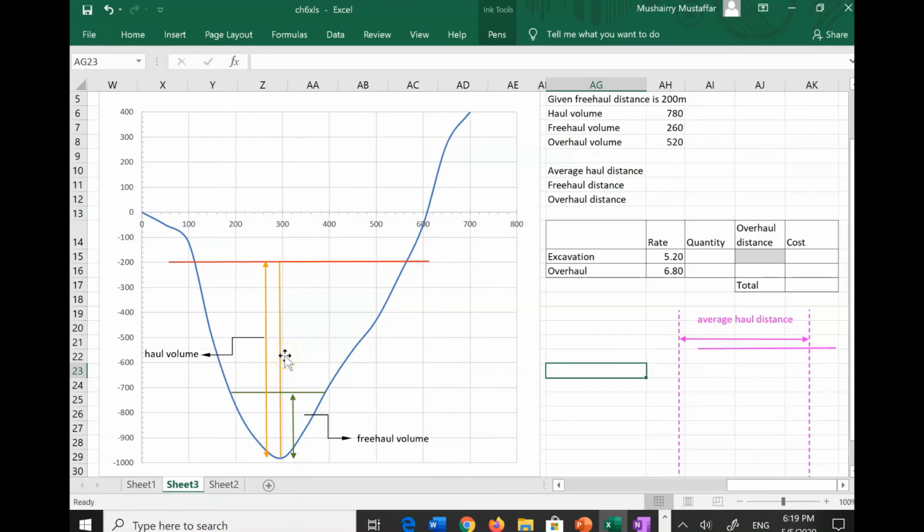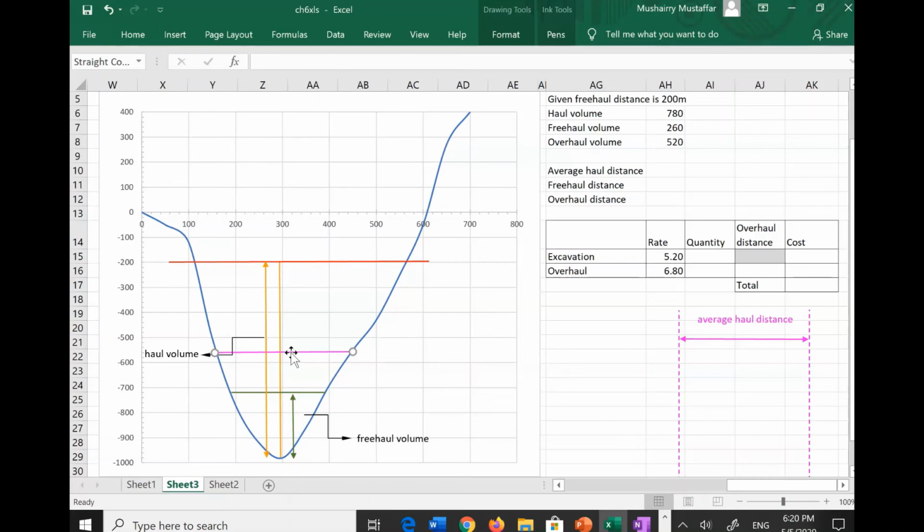So I would be somewhere there. If I can just draw a line now, somewhere there, I think that is my average haul. Somewhere 1, 2, 3, somewhere there. I think that would fit nicely. That would be the halfway, maybe.